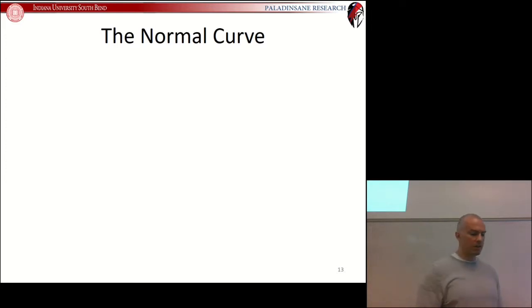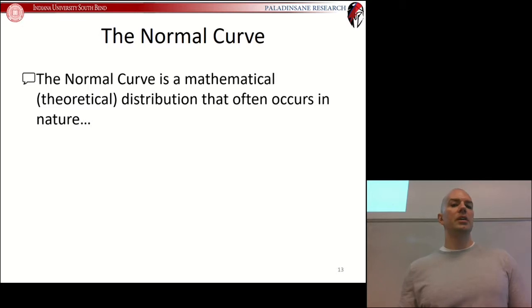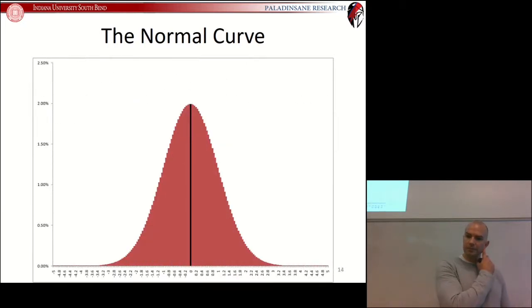The normal curve, also known as the bell curve, is a mathematical distribution. It's a theoretical distribution that occurs very often in nature. So it's that bell curve distribution that is pictured here. And in this distribution, the majority of individuals or the majority of scores come from the center of the distribution, and the frequency of scores decreases as the scores get more extreme.